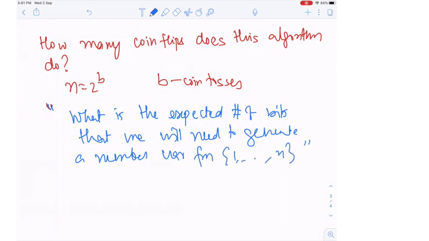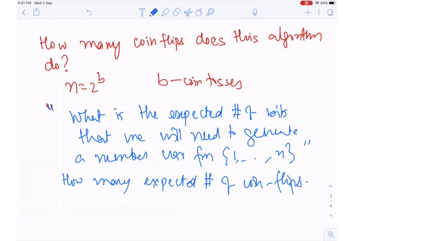Or in other words, what is the expected number of coin flips?